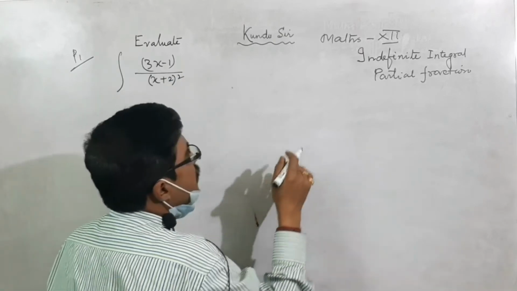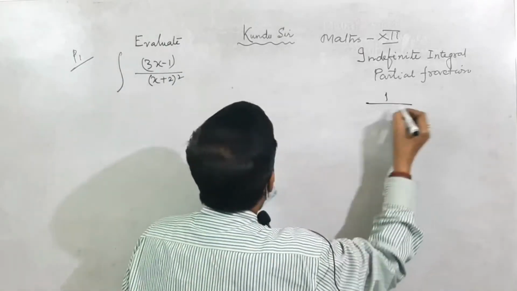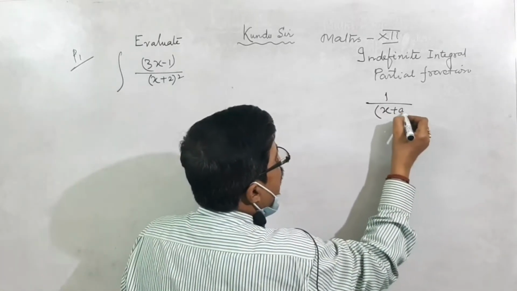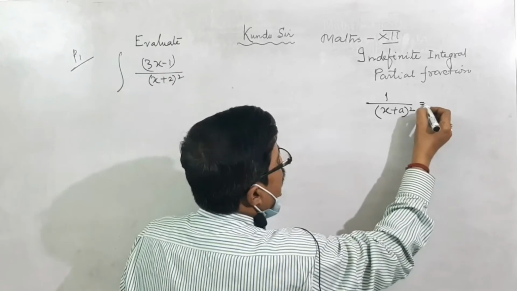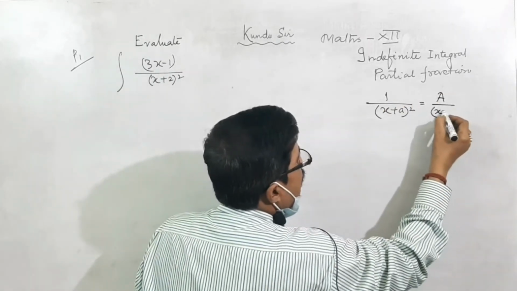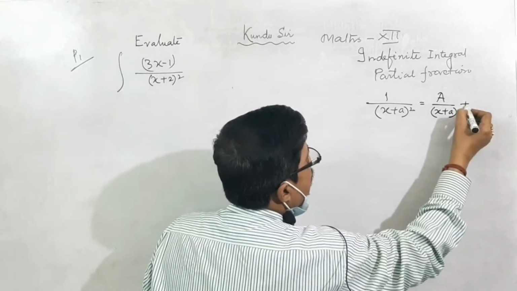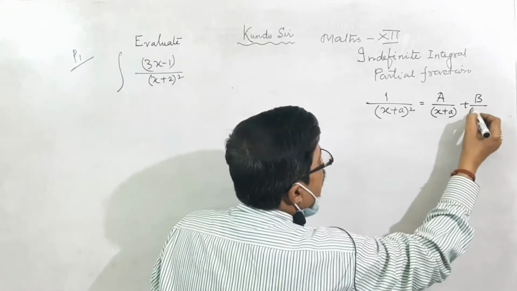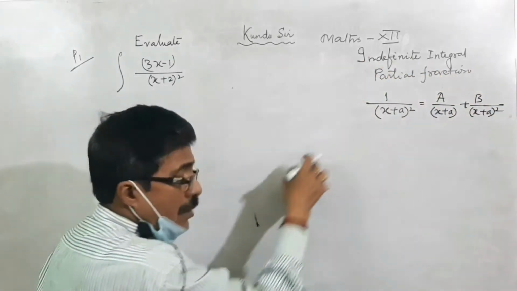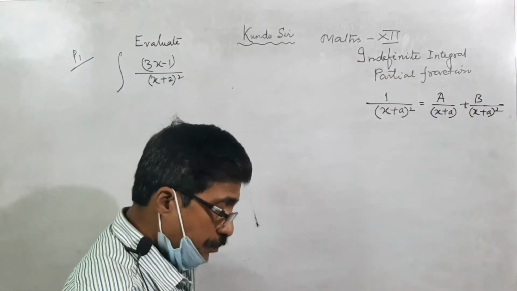So the form is 1 upon (x plus a) whole square. In the partial form, we can write A by (x plus a) plus B by (x plus a) whole square. It is under this format.